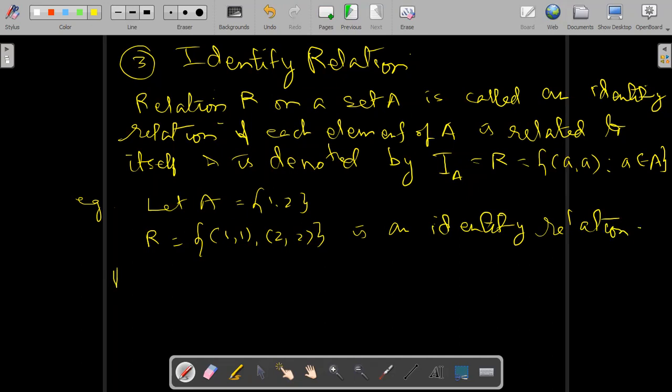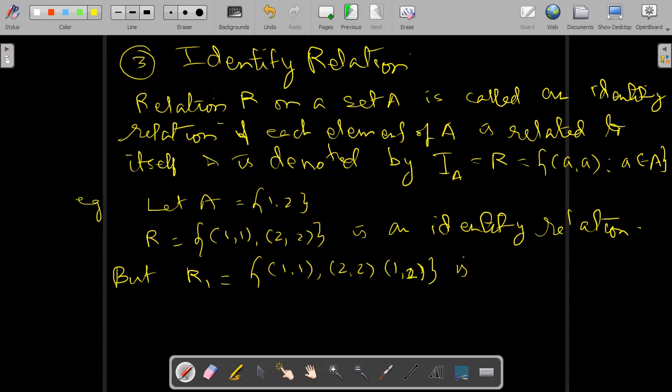But if any other pair comes, then it is not an identity relation. If it is 1 1, 2 2 and 1 2, then it is not an identity relation, because 1 2 is extra.